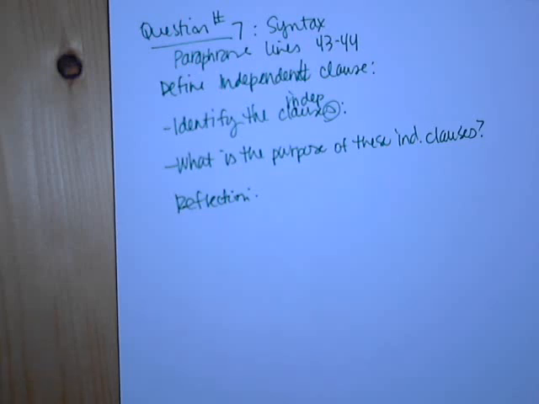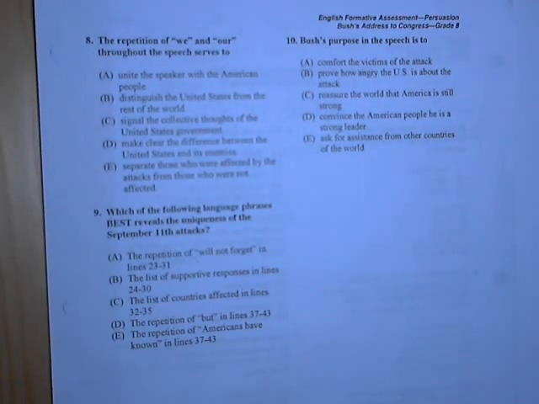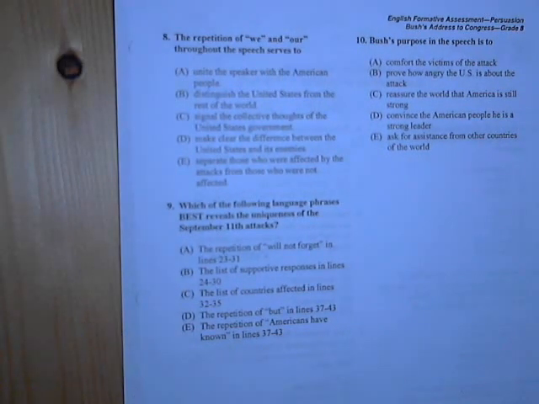Question number 8. What would you say? It's not vocab and context because vocab and context means, what does the word mean in context? Right? Or he would say like secure. What does the word secure mean in this passage? That would be like vocab and context, right?